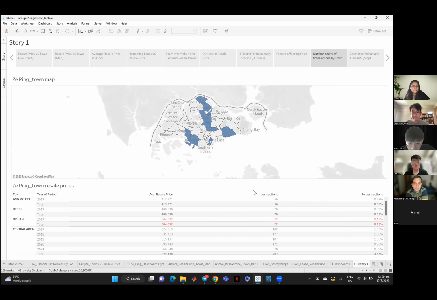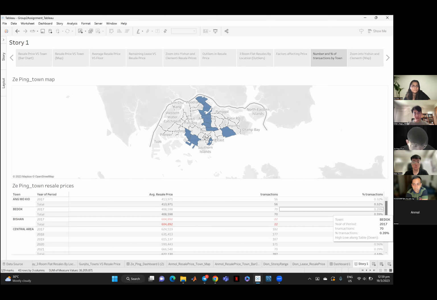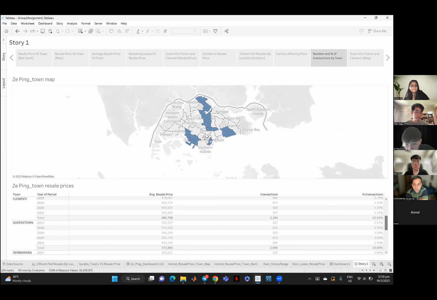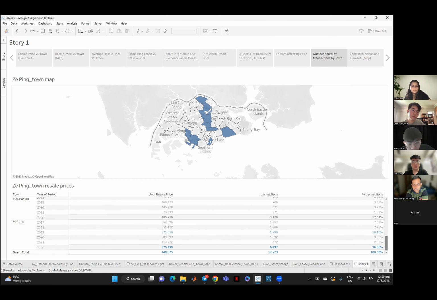So the maximum and minimum has been highlighted. So based on the available data, Bishan had the least share of transactions, while, scrolling down to the bottom, Yishun had the most. So yeah, Yishun had over 30% of transactions.